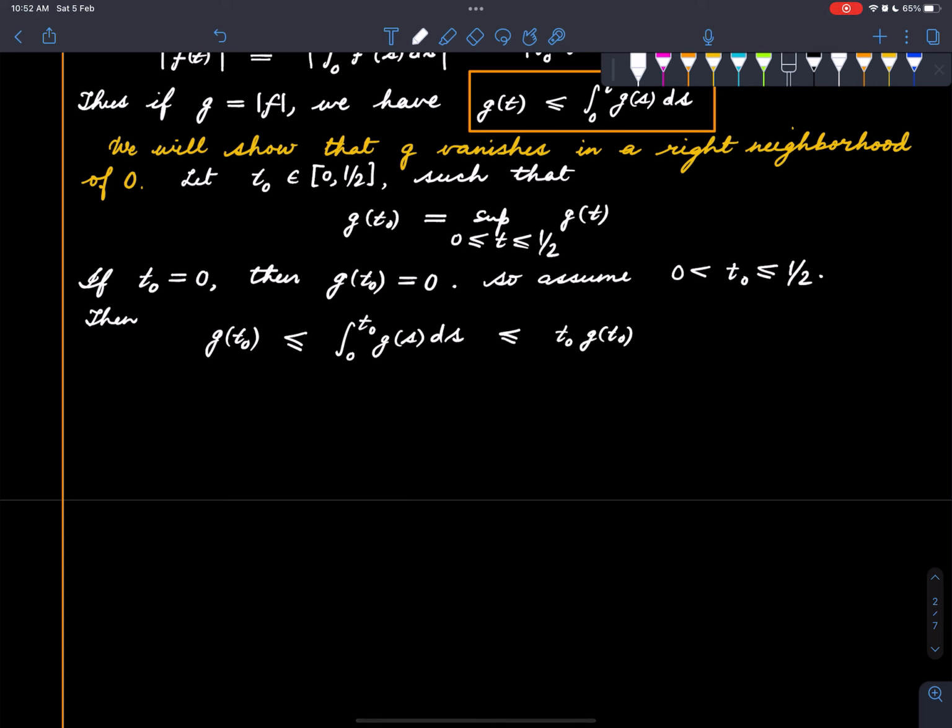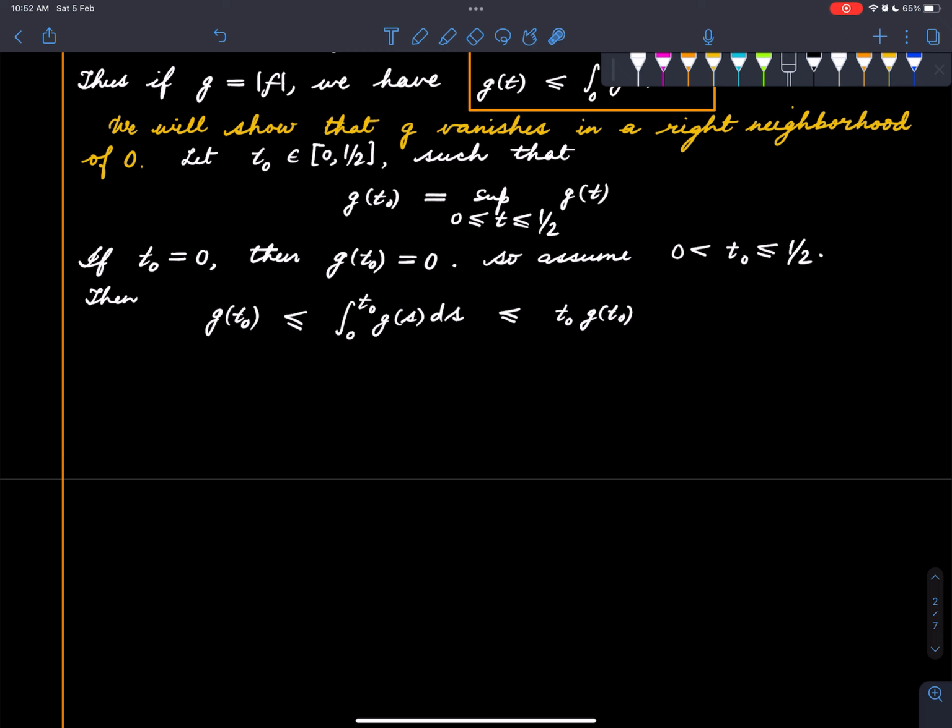Why is that? Because each of these is less than or equal to g(t₀). Right? In this entire interval, the supremum is achieved at t₀, so g(s) will be at most g(t₀) in this, which is of course a subset of that guy. So in this region, since the integrand is dominated by g(t₀), the integral is also dominated that way.